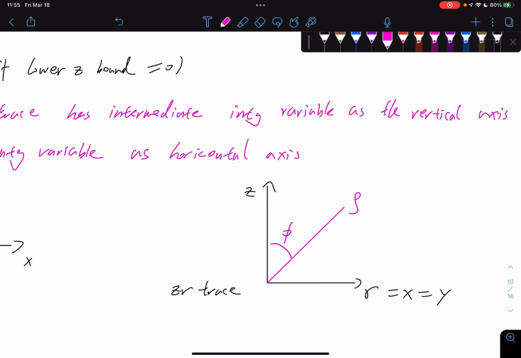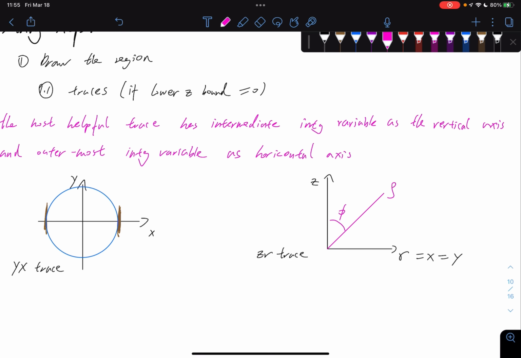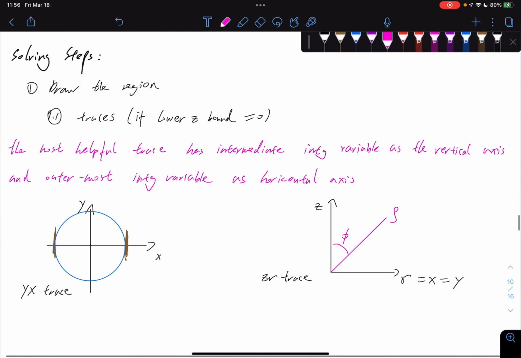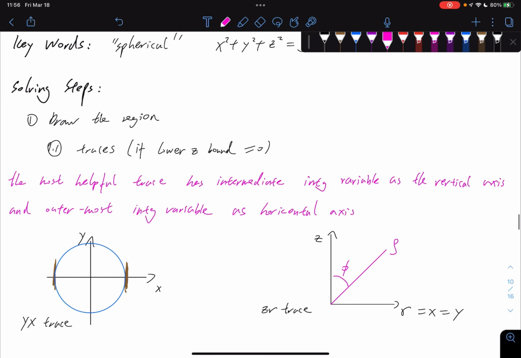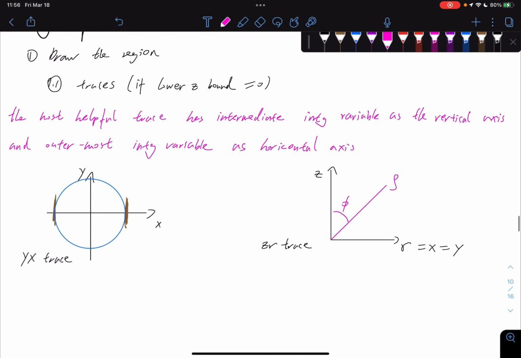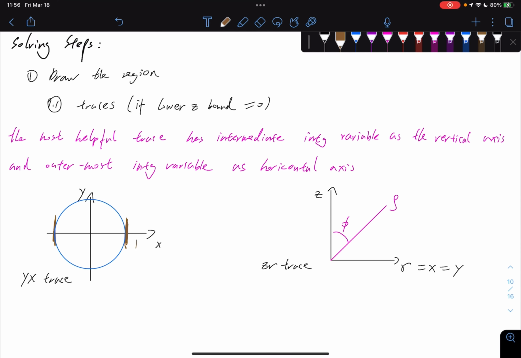Now I think you start to realize how helpful and powerful this special ZR trace diagram will be. So we are going to need to find z and r. From our XY trace, we can tell that this is 1 and this is 1, and negative 1, negative 1.